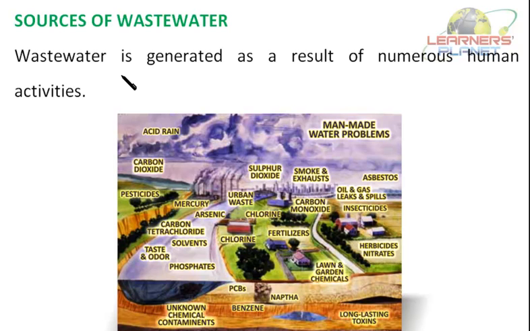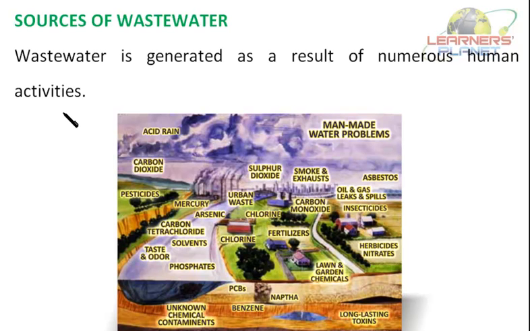So wastewater is generated as a result of numerous human activities. So obviously the sources would be one of these, which are actually the man-made water problems, right? So wastewater can be defined as the flow of used water discharged from homes, industries, commercial activities, and institutions.